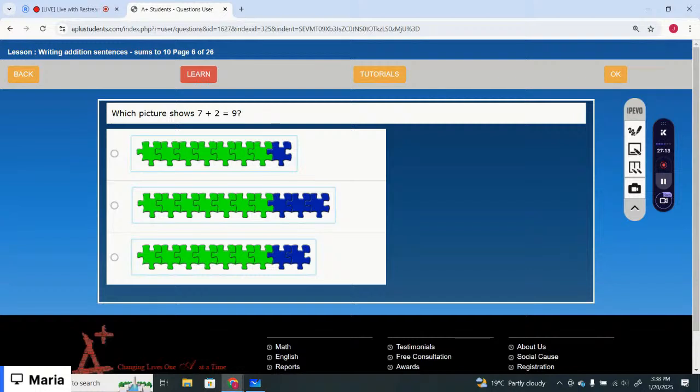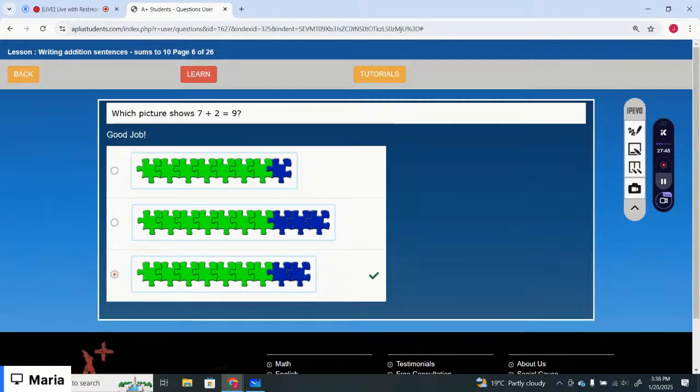Which picture shows 7 plus 2 equals 9? Option number 3 is the correct option, that is 7 plus 2.